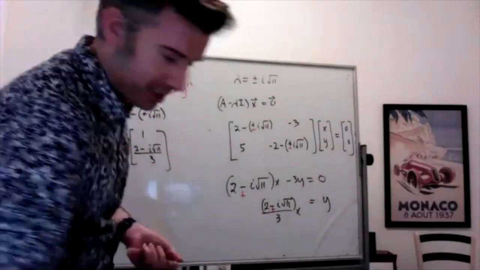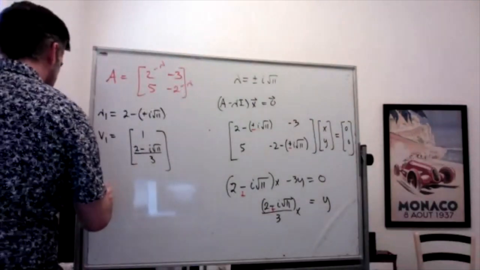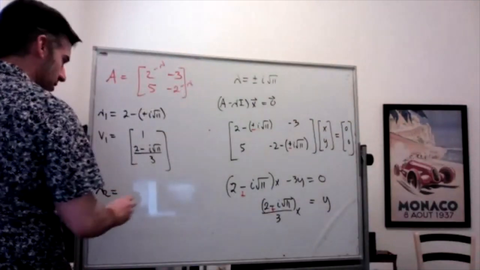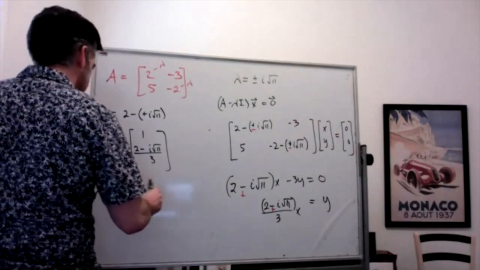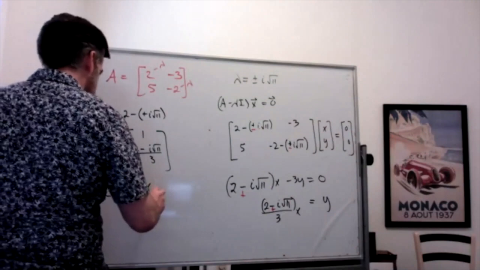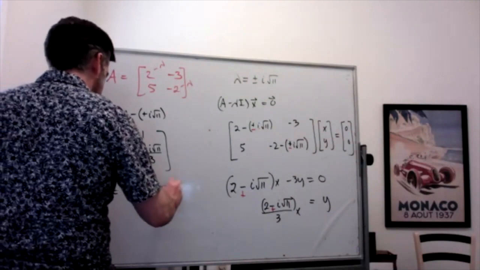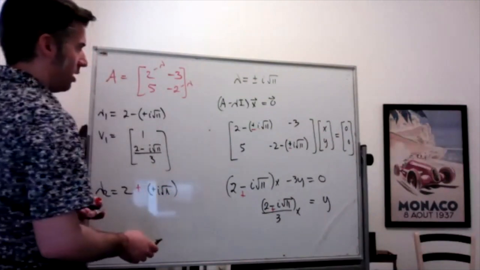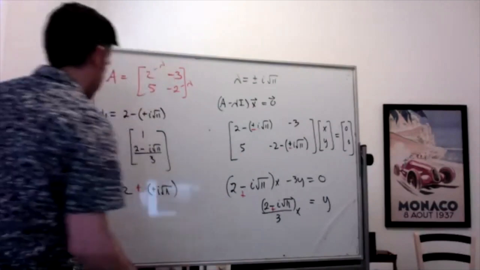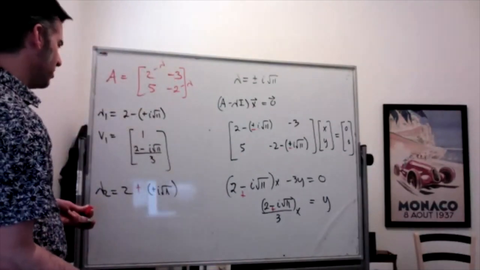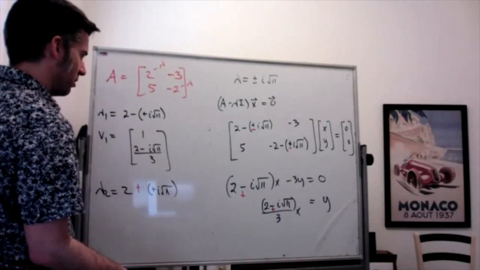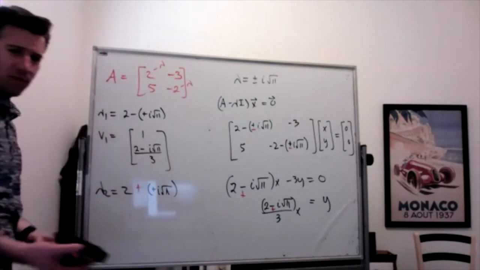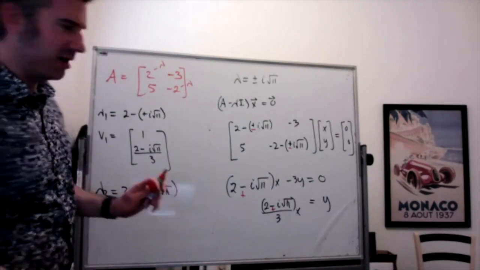So we can see that if lambda 2 is 2 plus positive i root 11. And I'm just, no, what am I doing? Sorry, I wrote something a little stupid.